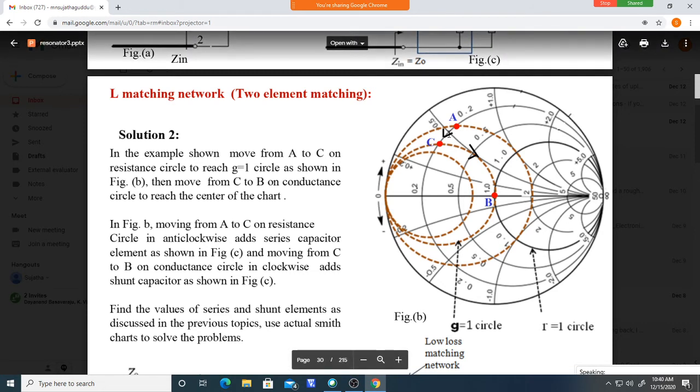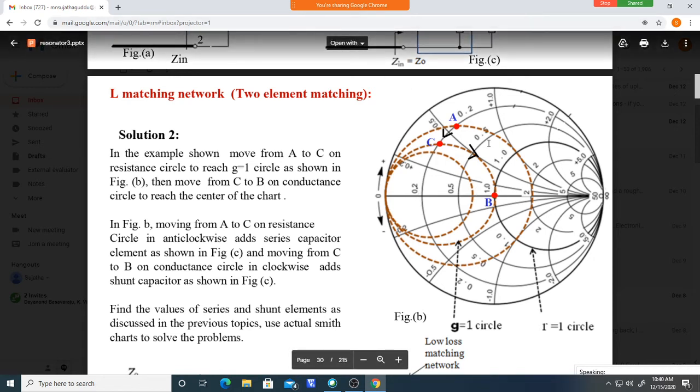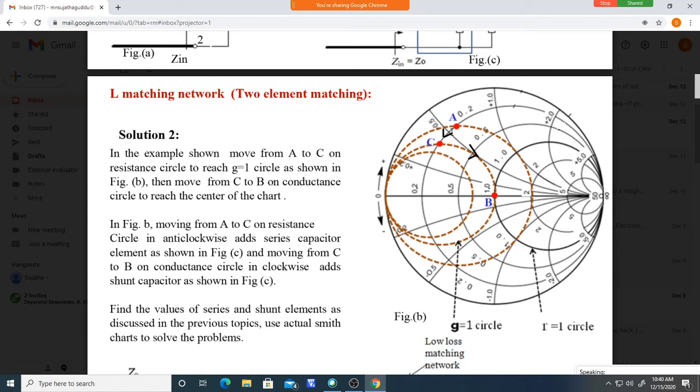But what we can do from here, if you move like this on the resistance circle in the anti-clockwise direction, this is the resistance circle. If you move in the clockwise direction, you do not reach R equals 1 or G equals 1. But from here, if you move like this on the resistance circle, you will be reaching the G equals one circle.